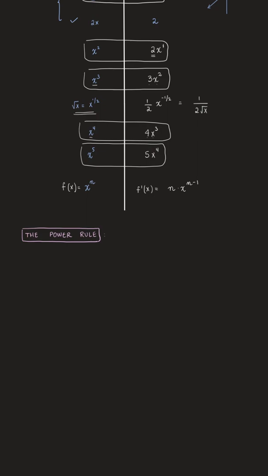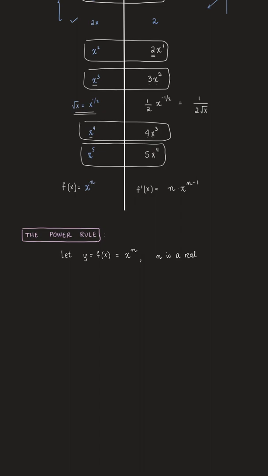So let y equals f of x, which equals a power function of the form x to the nth power. It doesn't matter what n is. n can be any value. So I'm going to write that as n is a real number.